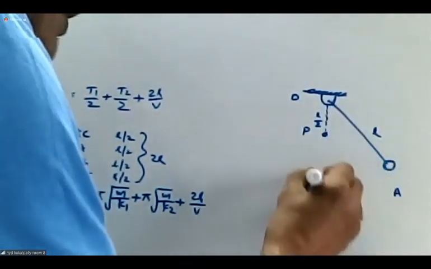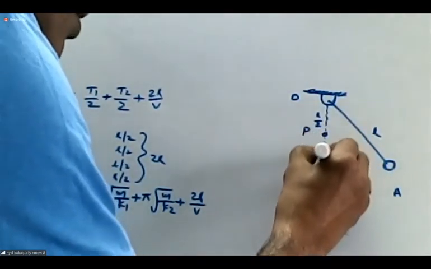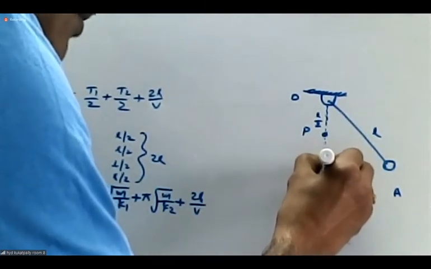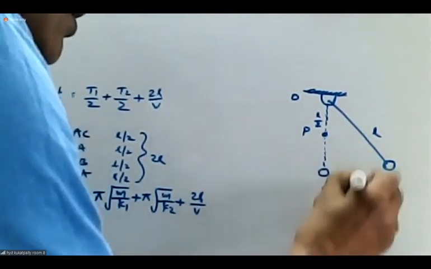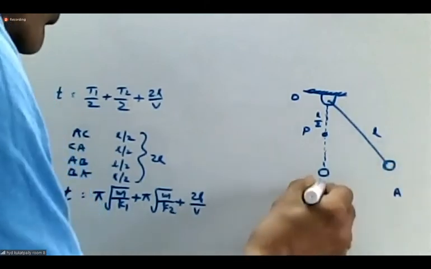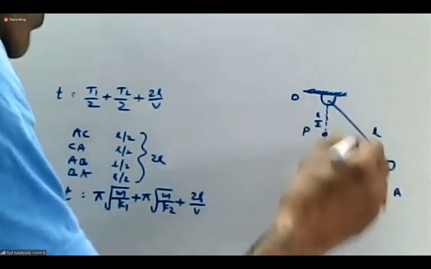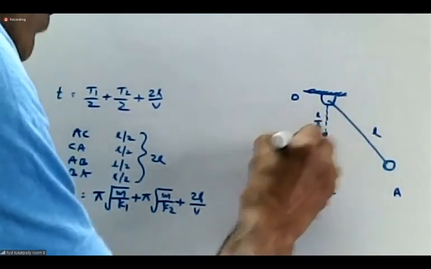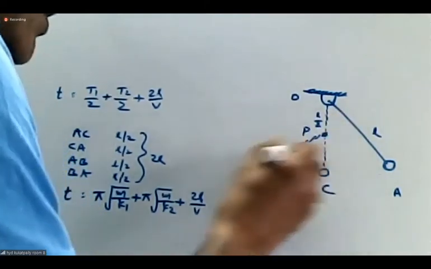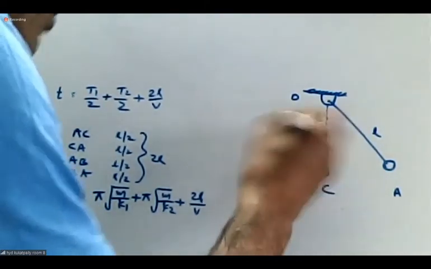So what happens if you assume this point to be the equilibrium point C, C to A to C, length L will oscillate. But from this onwards, as the peg catches the thread, L by 2 thread only will oscillate.